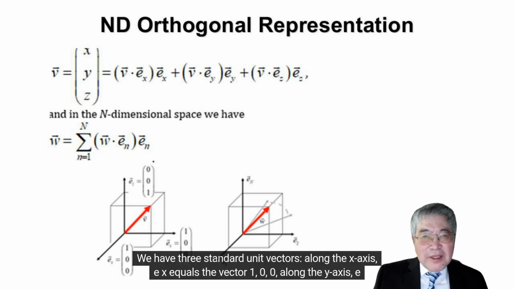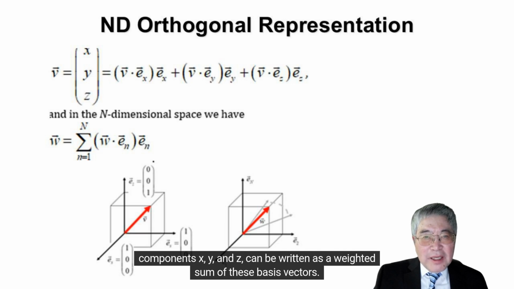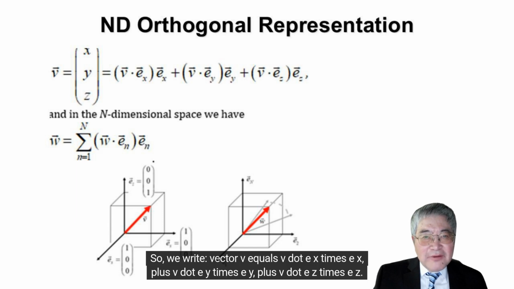We have 3 standard unit vectors: along the x-axis, Ex equals the vector 1, 0, 0; along the y-axis, Ey equals 0, 1, 0; and along the z-axis, Ez equals 0, 0, 1. Any 3D vector, let's say vector v, with components x, y, and z can be written as a weighted sum of these basis vectors. So we write vector v equals v dot Ex times Ex plus v dot Ey times Ey plus v dot Ez times Ez.